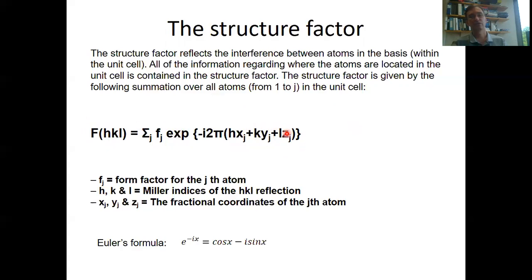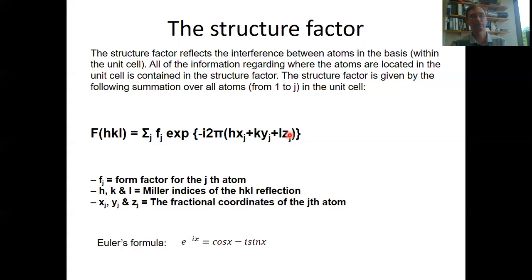Now at first glance, it looks like it's very easy to extract the atom positions x, y, and z from the intensities, because there's a direct relationship between the intensities and the structure factor.